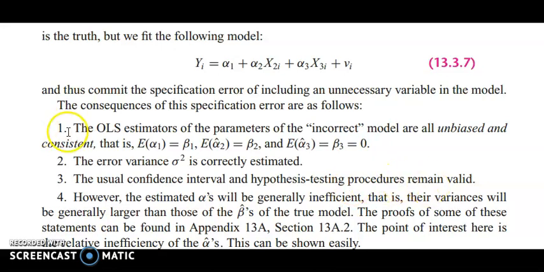So consequences 1, 2, and 3 are actually the opposite of the consequences in the underfitting model. However, the fourth one is that the estimated alphas will generally be inefficient. That is, their variances will be larger than those of the betas of the true model. So the first, second, and third consequences are okay, but only the estimators, the alpha hats, are inefficient.